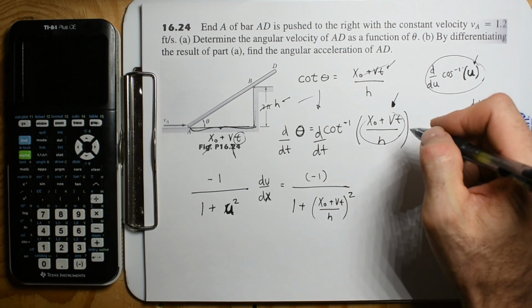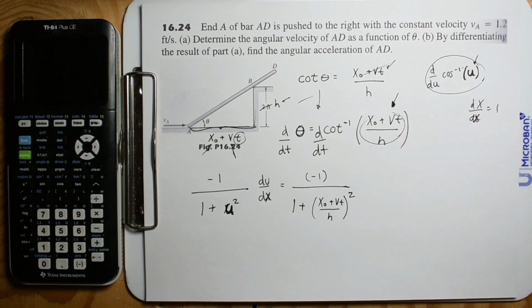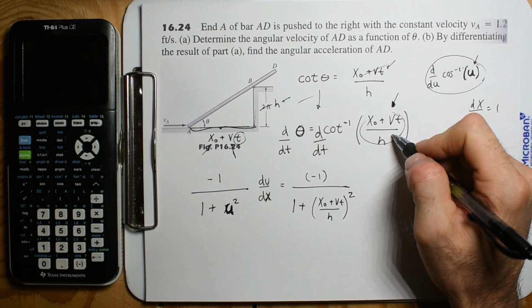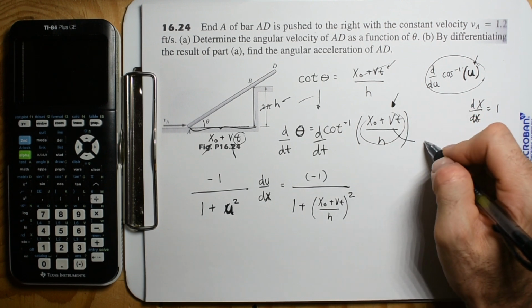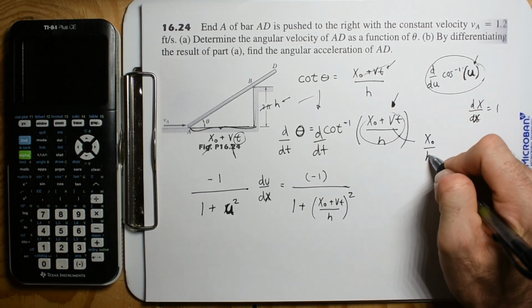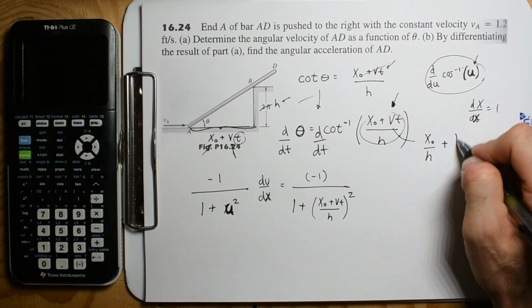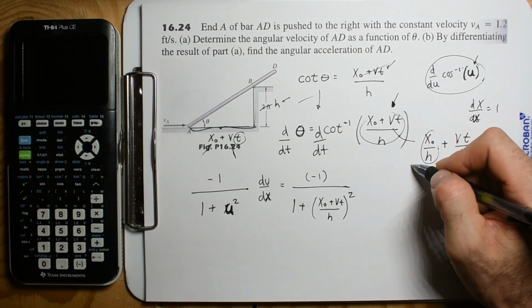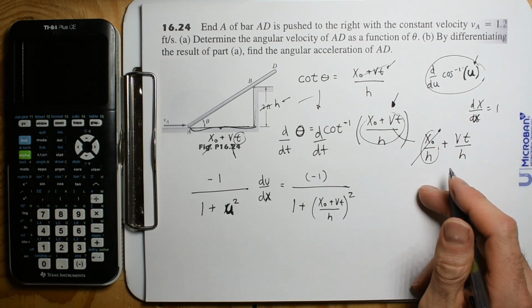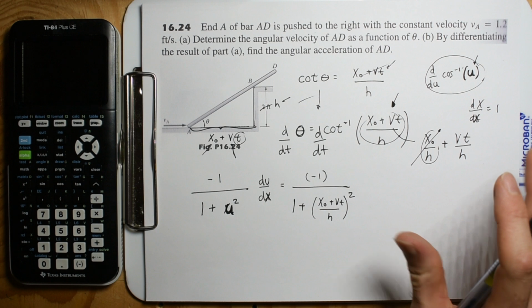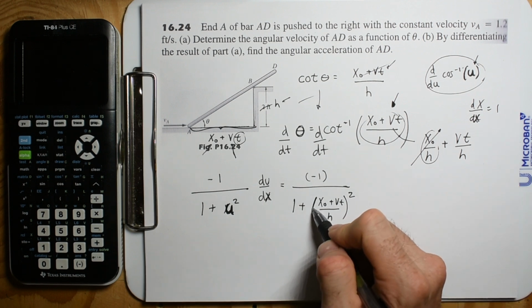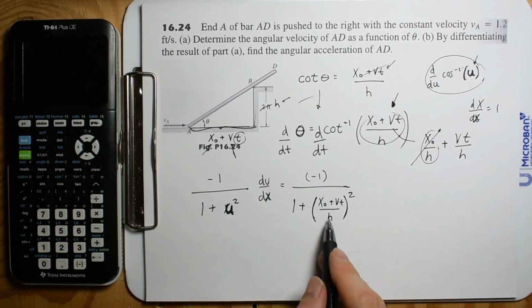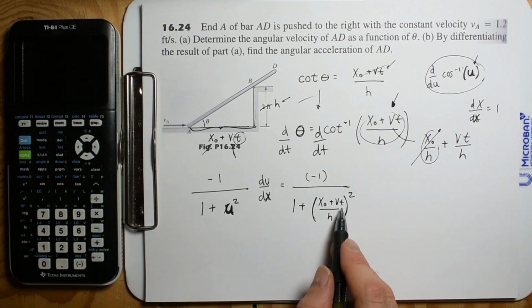But now we have to take the derivative of this. You can even spell this out: this is going to be x naught divided by h plus v of t divided by h. Well, this is a constant, so the derivative of the inside, but you can't do that either, because you still have something useful here.